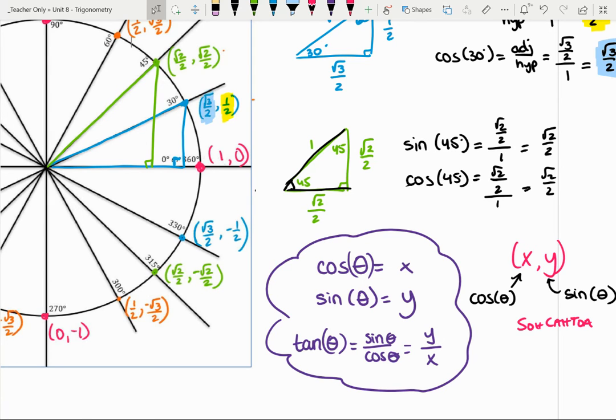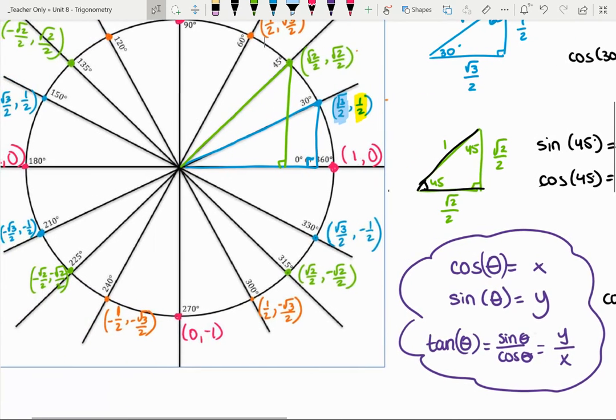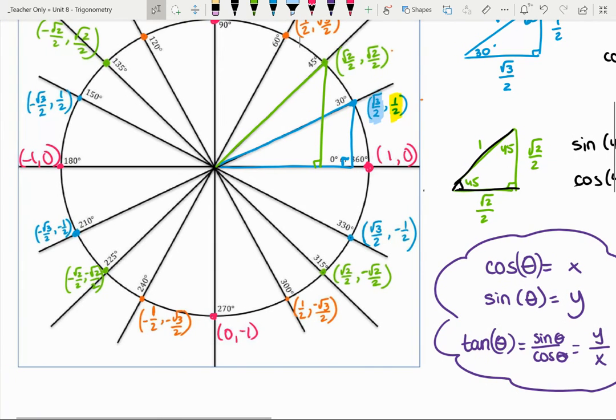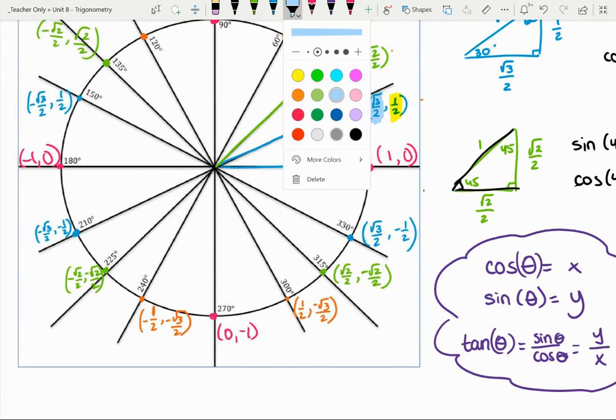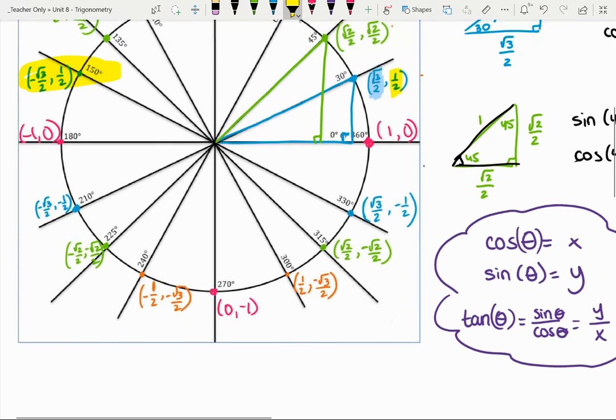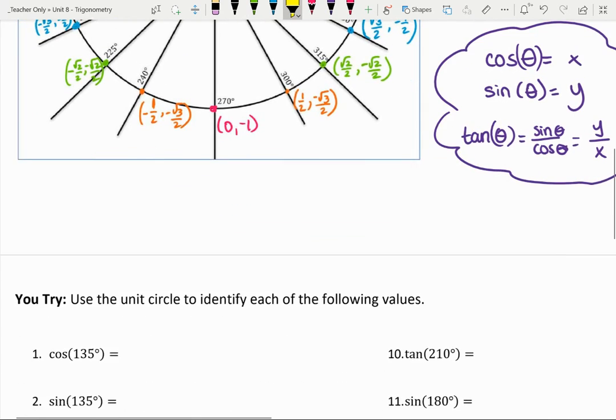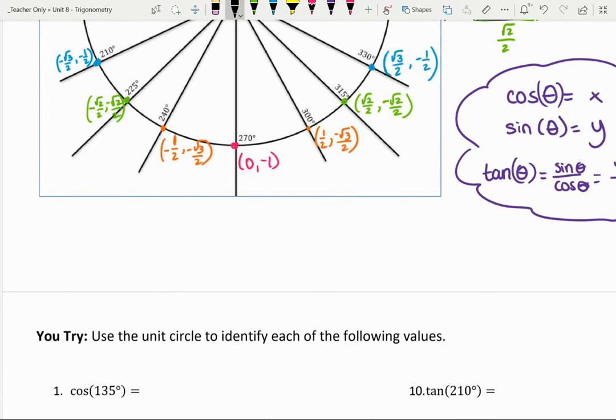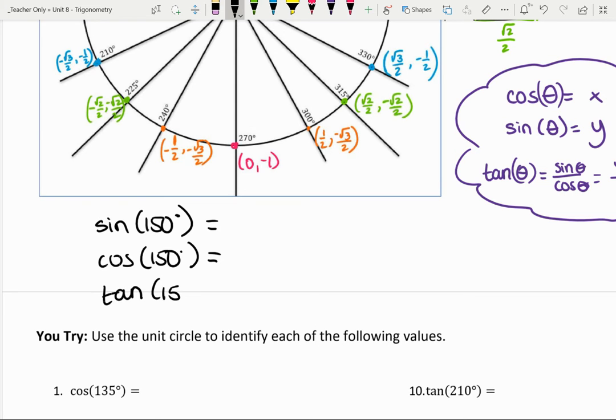So let's do maybe another example here. Let's use the angle 150 degrees. So I'm going to find the sine of 150 degrees, the cosine of 150 degrees, and the tangent of 150 degrees.